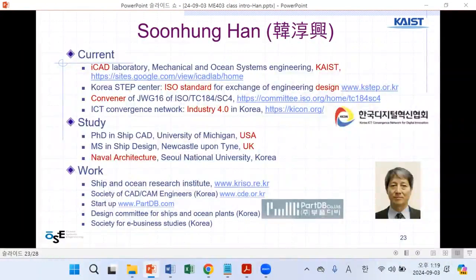So I studied ship CAD systems at the University of Michigan. And also I had a chance to visit Newcastle in the UK, all in shipbuilding and naval architecture. So I started my work in the Ocean Research Institute.